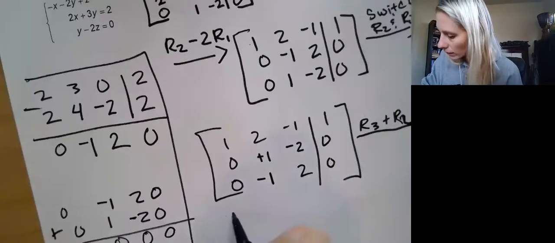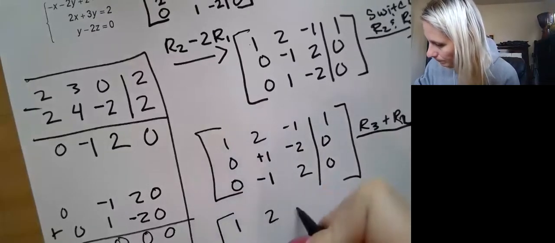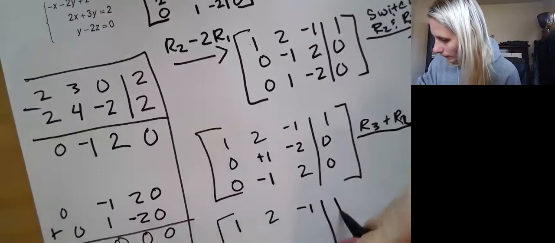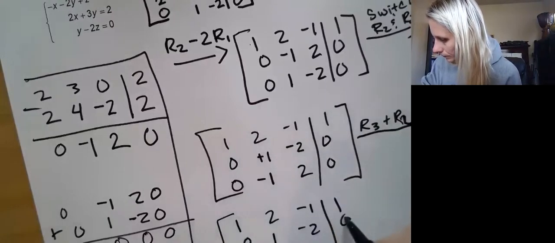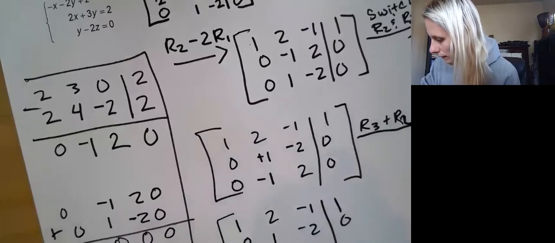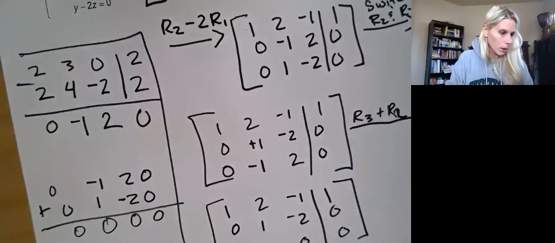Okay, let's look at what that looks like. So we get zeros across the board for our new row below.